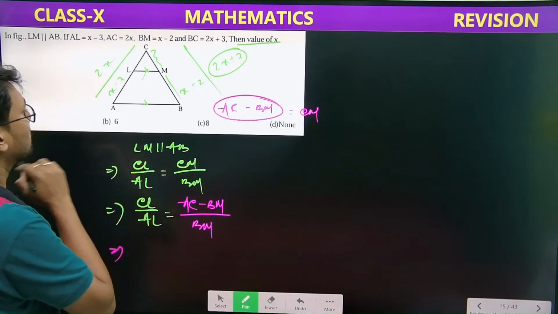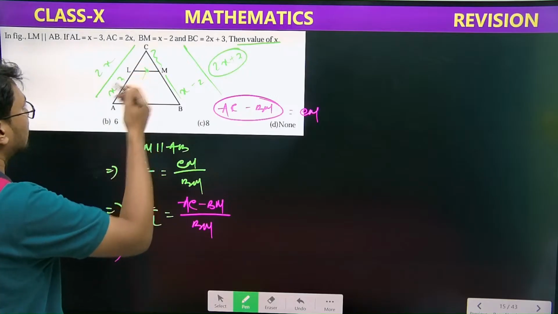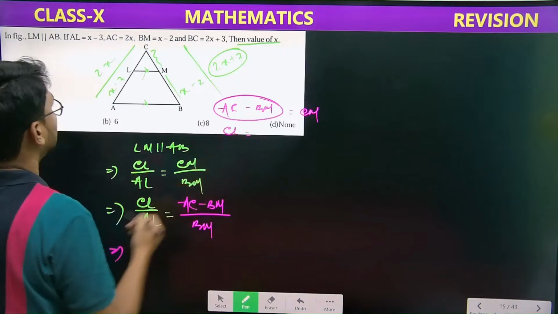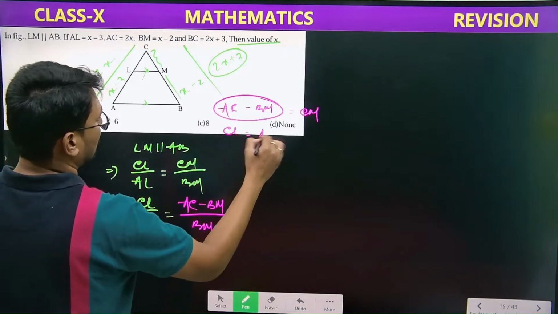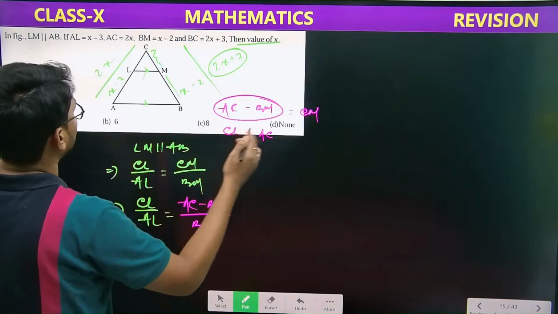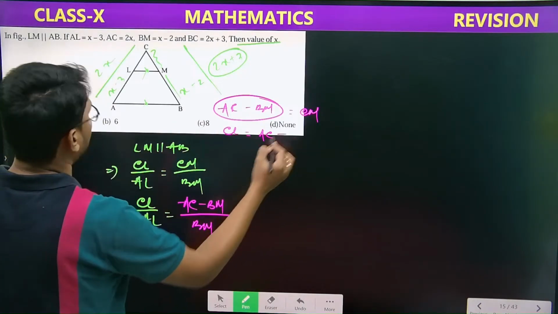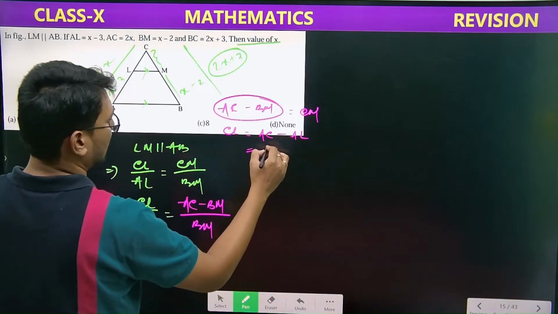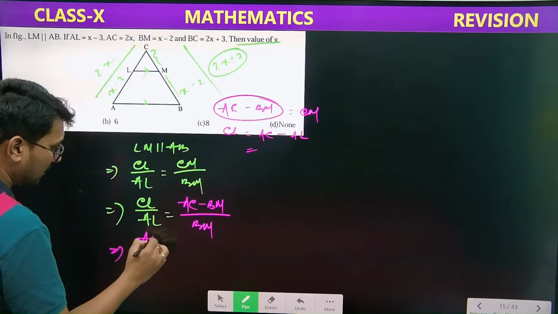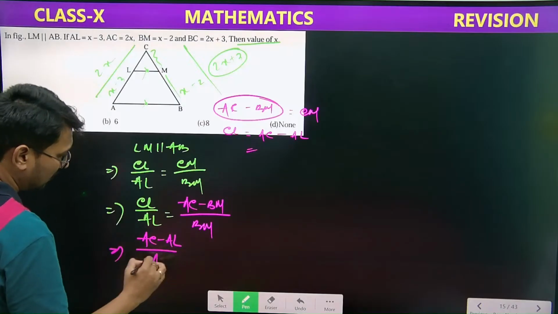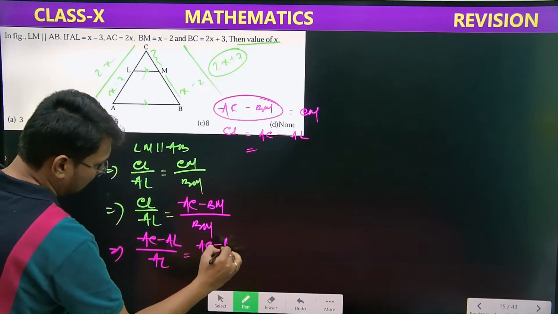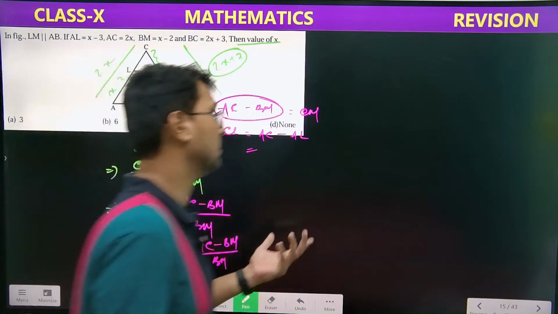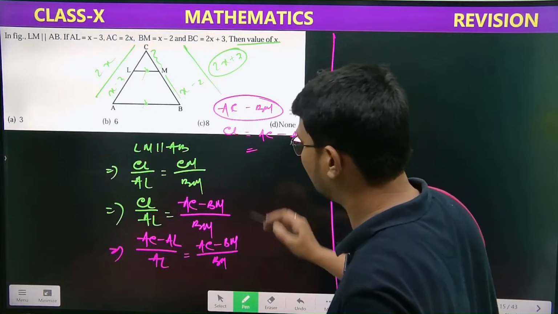Similarly, CL also we have to find. CL is AC minus AL. So we can write AC minus AL by AL equals BC minus BM by BM, or you can use the corollary directly instead of this.